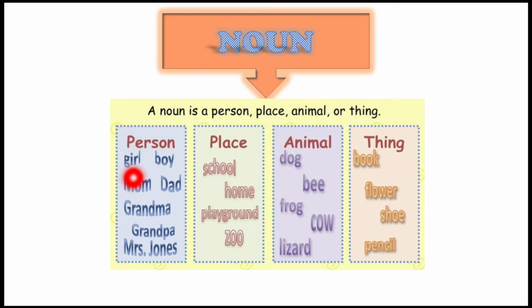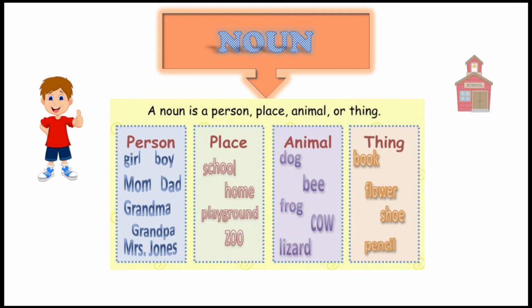Person: girl, boy, mom, dad, grandma, grandpa, Mrs. Jones. जो भी नाम होते हैं persons के, उसे हम लोग क्या बोलेंगे? Noun, person. Then comes the place: school, home, playground, zoo. जो भी places होती है, जैसे कि स्कूल हो गया, हॉस्पिटल हो गया, पुलिस स्टेशन हो गया, जू हो गया, होम हो गया, प्लेग्राउंड, तो ये जो places है वो भी क्या है?